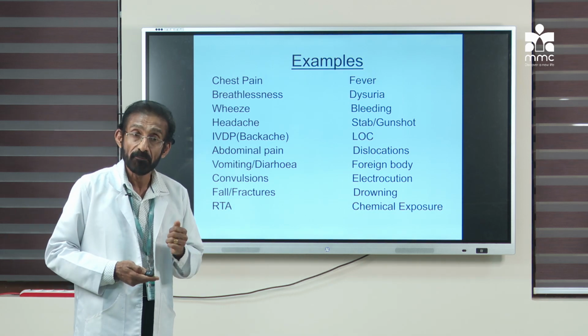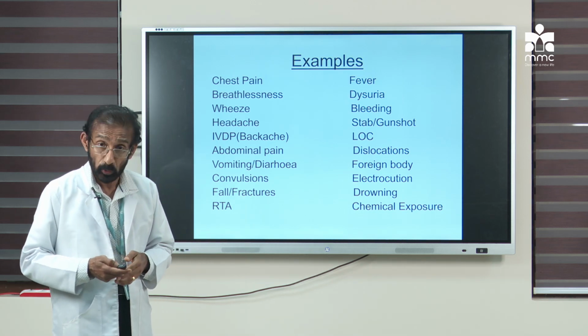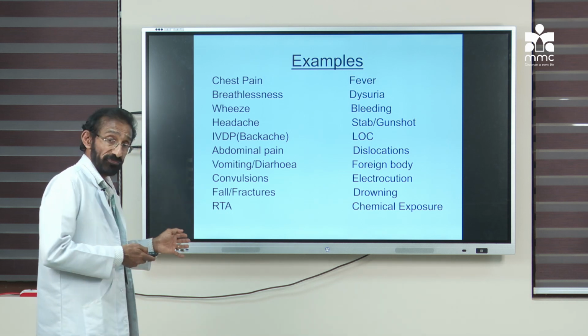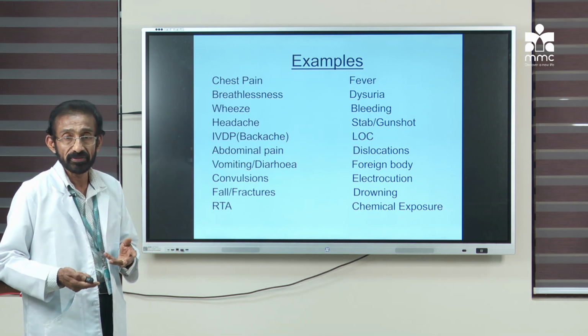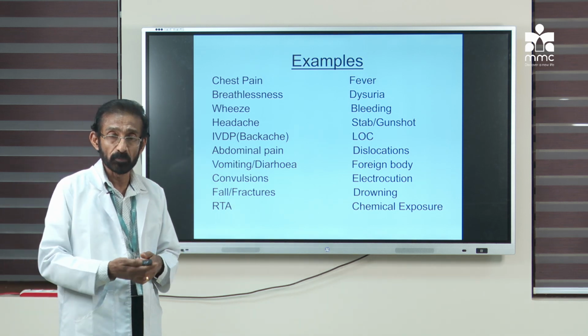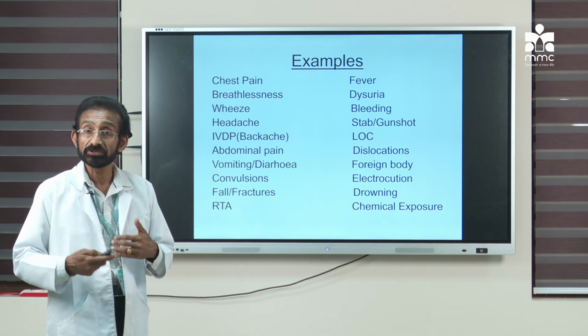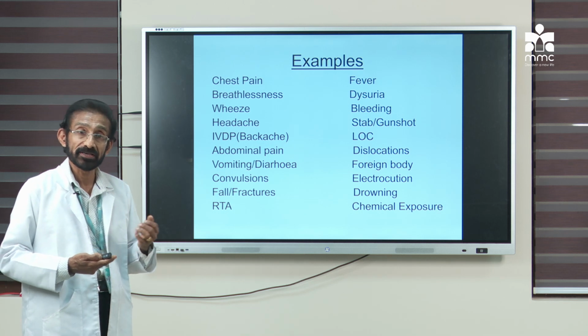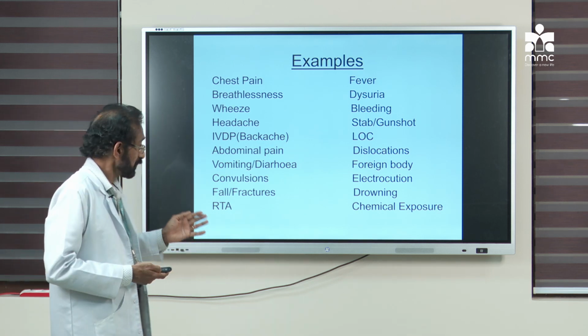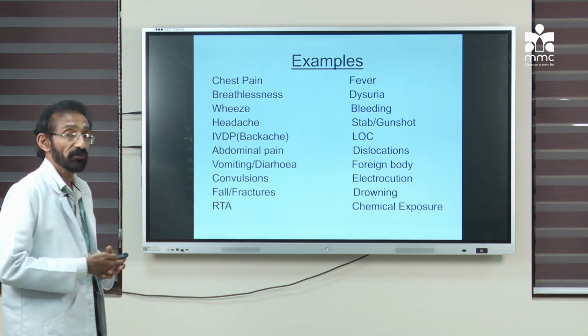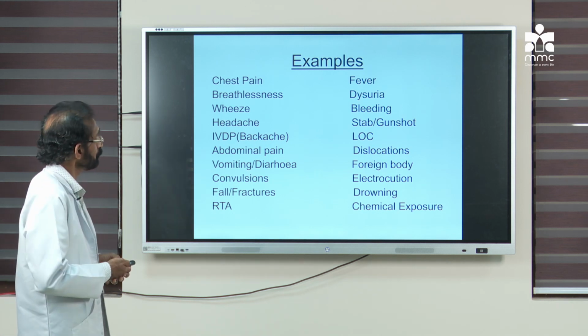So, the seizure may be due to so many electrolyte imbalances also. A fall and a fracture, a head injury or an injury to the long bones like a femoral fracture, fracture to the ribs causing a flail chest, causing a hemothorax, causing a pneumothorax. These are all causes especially occurring in a road traffic accident.